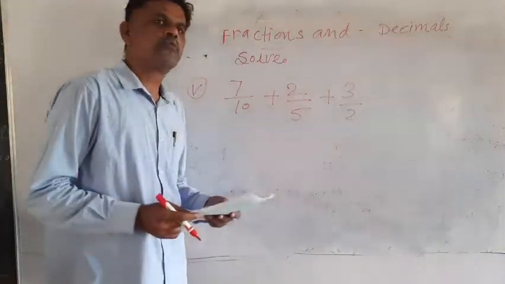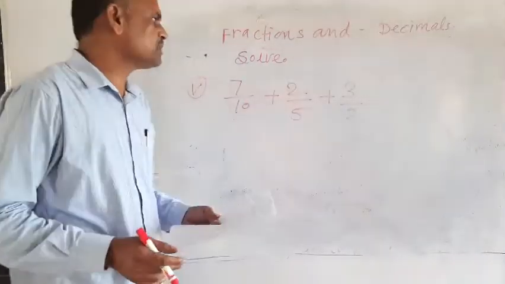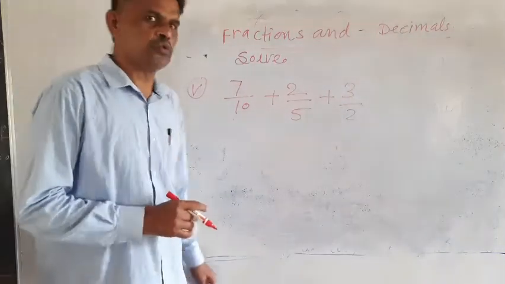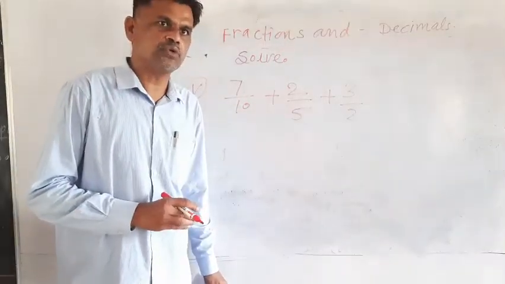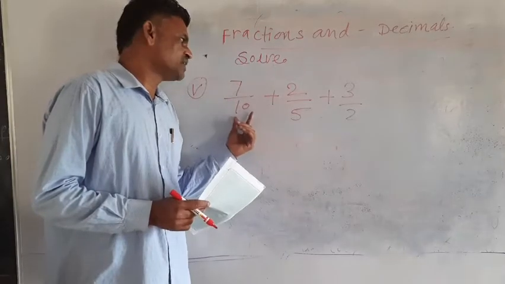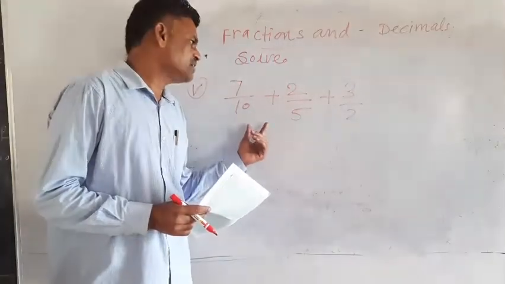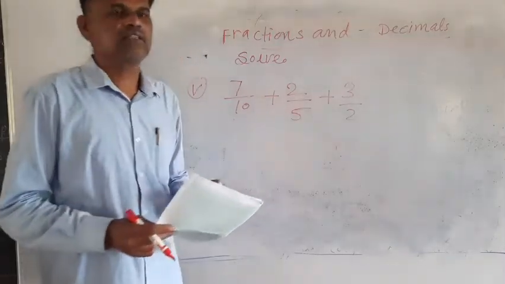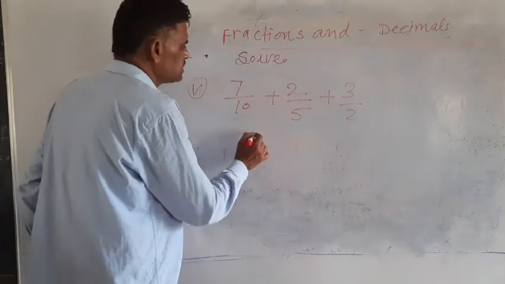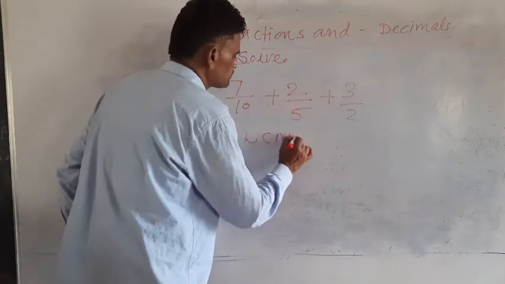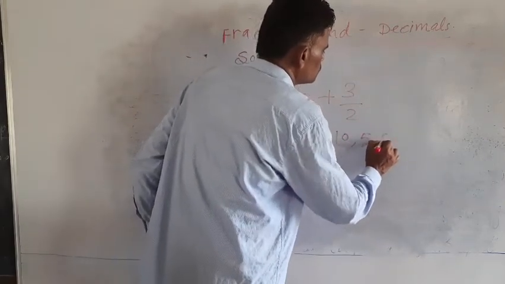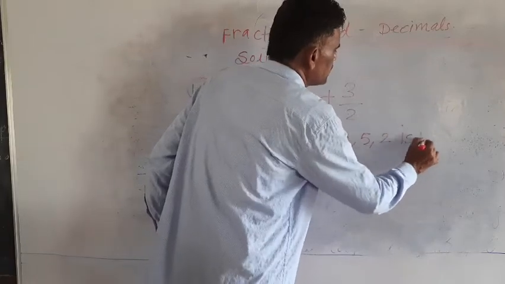Here we have to take the LCM of 10, 5, 2. What is the LCM of 10, 5, 2? The LCM of 10, 5, 2 is 10. 5 and 2 are factors of 10. Therefore, the LCM of 10, 5, 2 is 10.